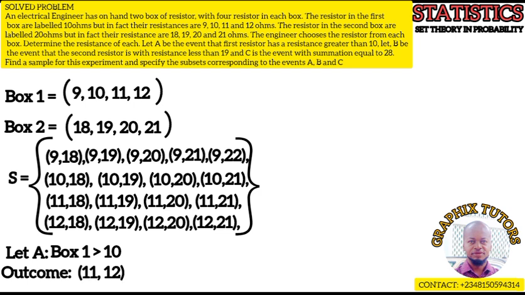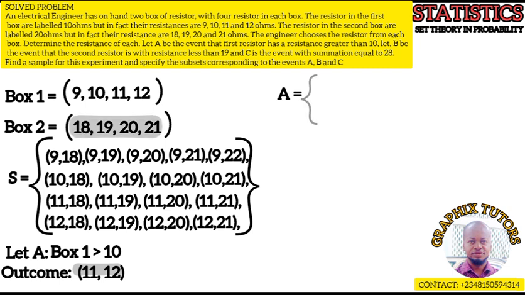For me to get my subset A, I will take each of these resistances in the outcome. Since I'm doing box 1, I will now focus on box 2. I will take each of these resistances and pair it with all the elements in box 2.